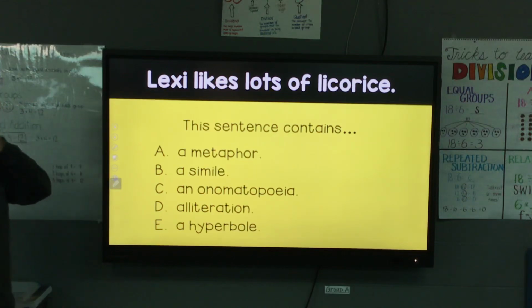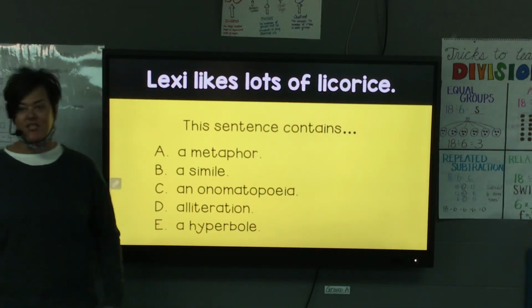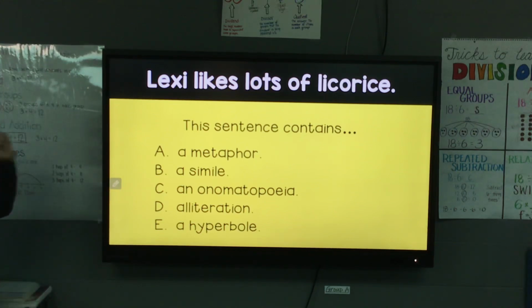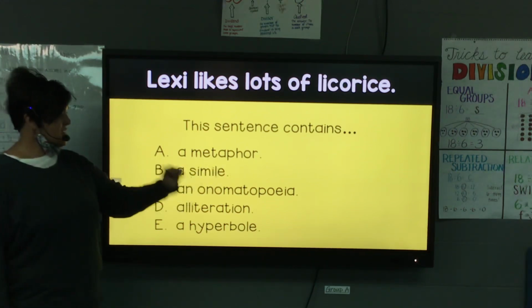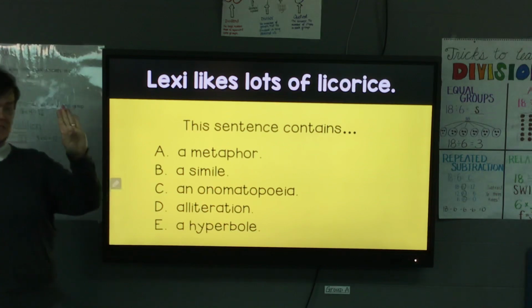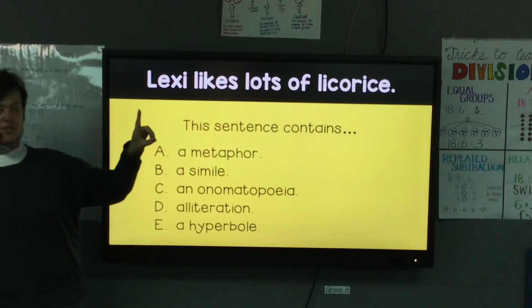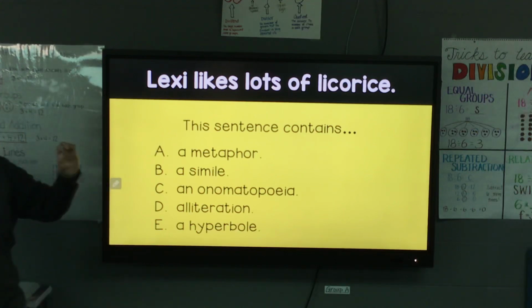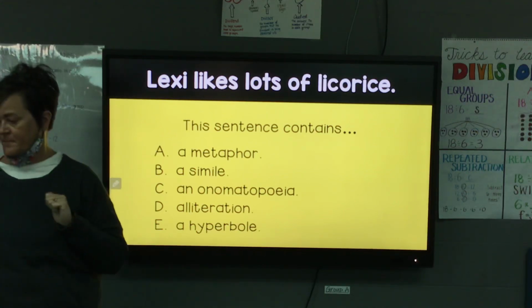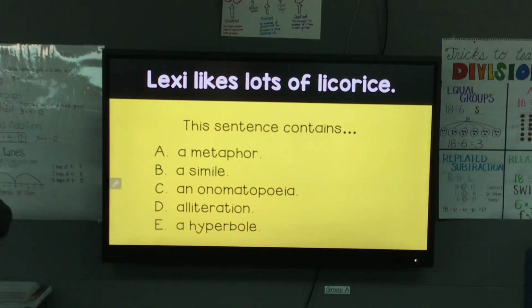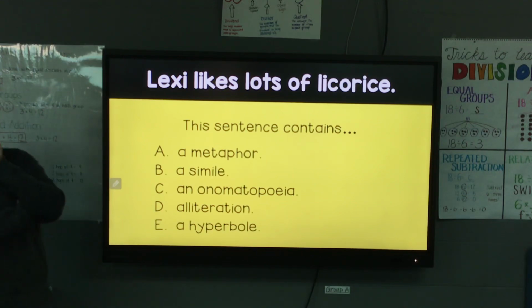Lexi likes lots of licorice. Metaphor, simile, onomatopoeia, alliteration, hyperbole. I know what this is, I just forgot.